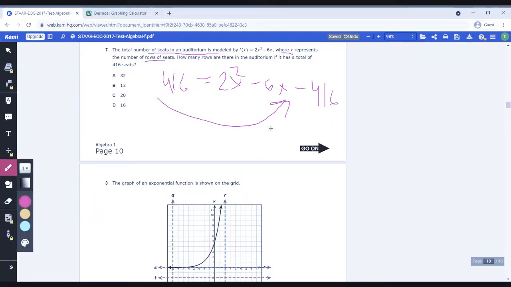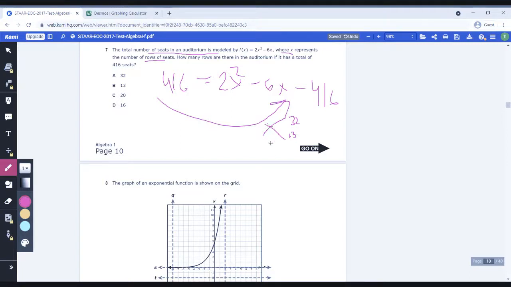So what goes into 416? We know 32 and 13. I didn't know this off the top of my head, but I used a calculator to find what can go into 416, and I didn't want to waste time doing that, so I skipped that step.